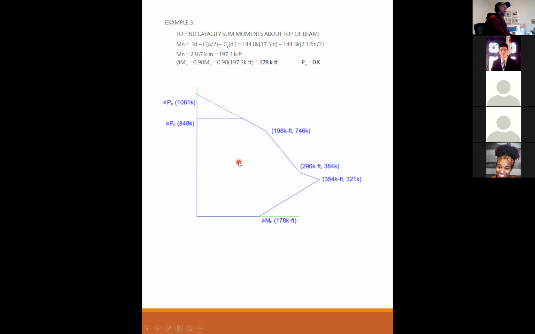Or it may amplify your moments inside of the curve, but it still works. So we don't know that yet. But the whole slenderness deal does not change your interaction equation. It changes your applied loading. And you're just going to have to wait till Thursday to see if it works or not.